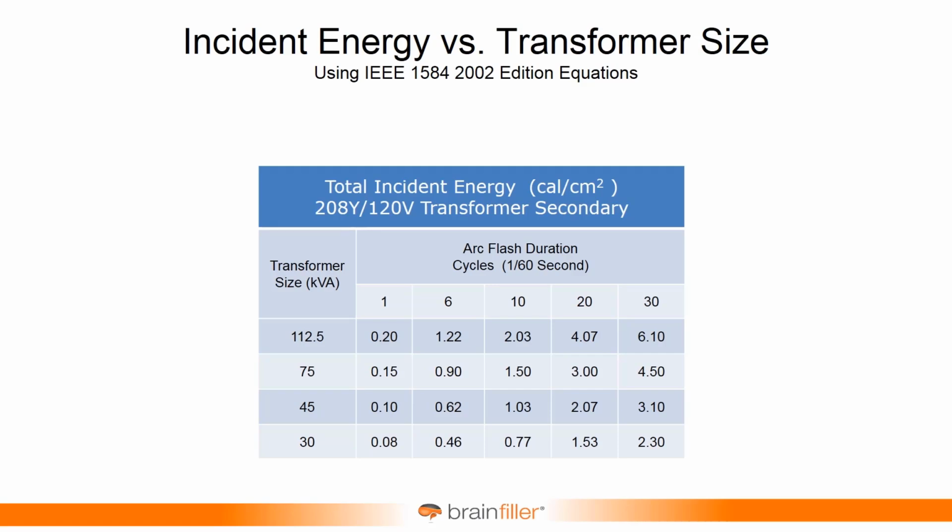It's often referred to as the onset of a second-degree burn. You cross over that at 6 cycles, so you'd have to have a pretty fast extinction. For a 75 kVA, it's going to take a little more duration, and you can see the trend: 45 kVA, 30 kVA. So that's a little bit of what drove the language from the 2002 edition of the standard.